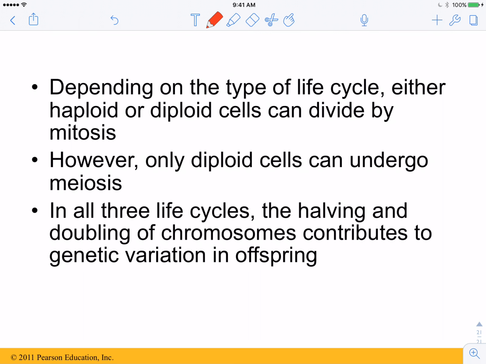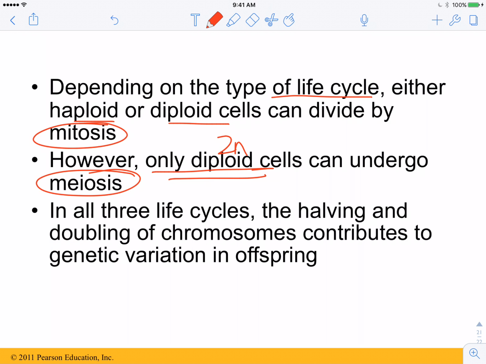So depending on the type of life cycle, either haploid or diploid cells can divide via mitosis. However, only diploid cells can undergo meiosis because you have to go from 2n to n. In all three life cycles, the halving and doubling of chromosomes contributes to genetic variation.